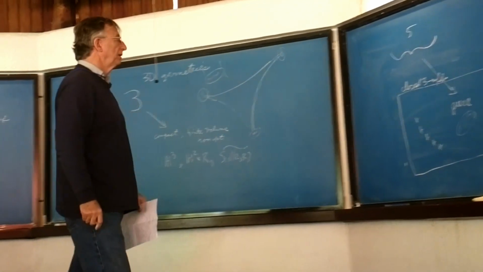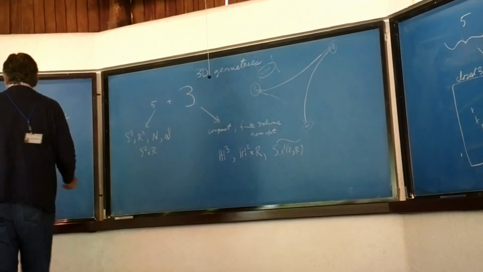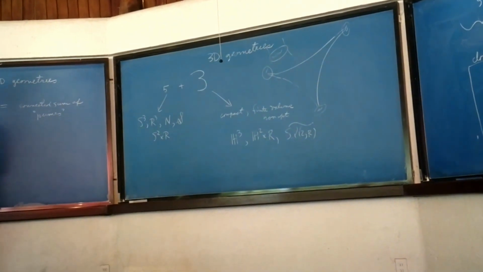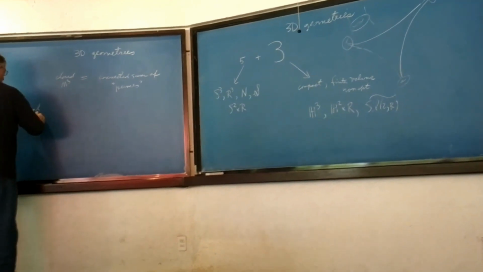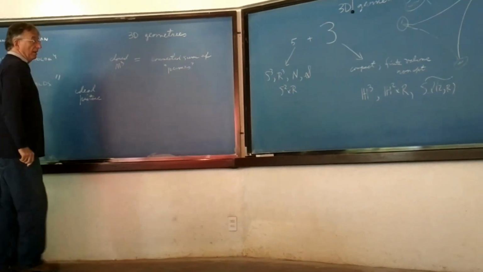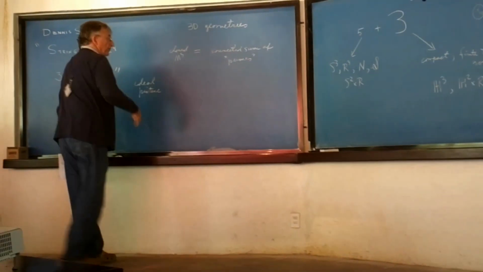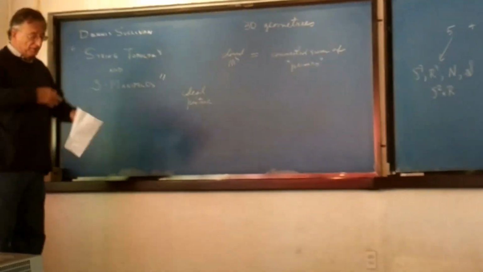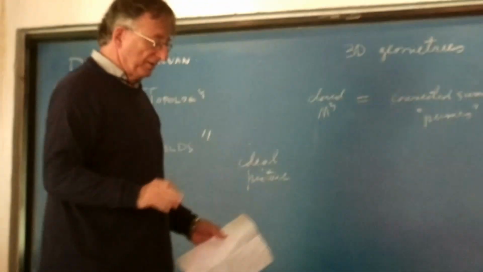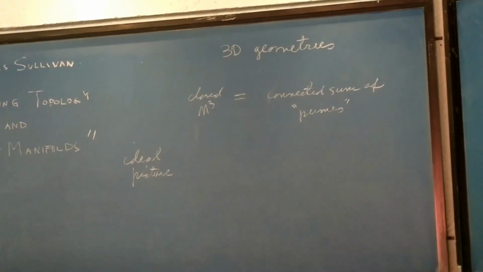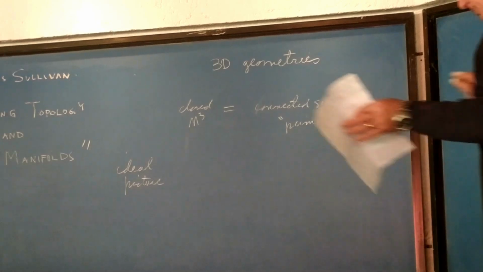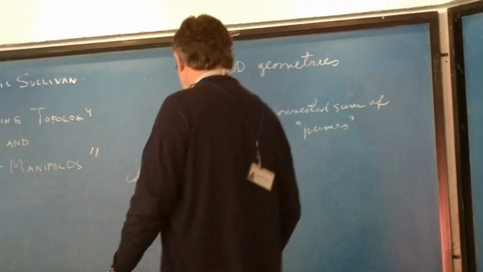Now the kind of ideal picture of why this happens is that you just take your closed three-manifold and you put any Riemannian metric on it, and then you start applying this kind of nonlinear PDE, which is sort of like a heat flow.